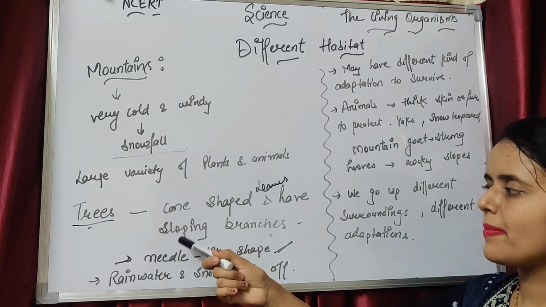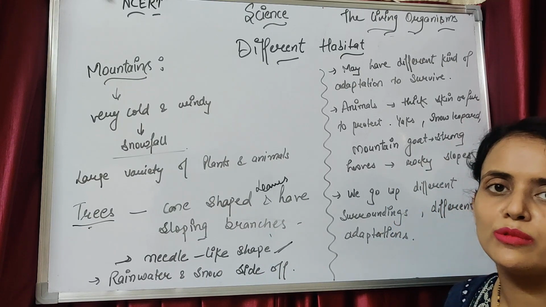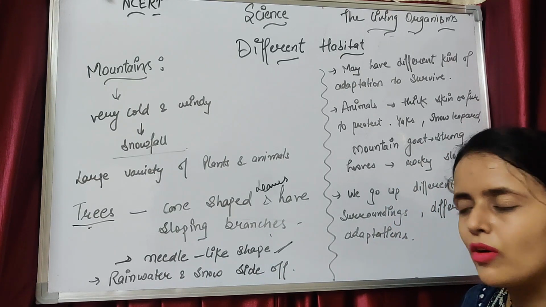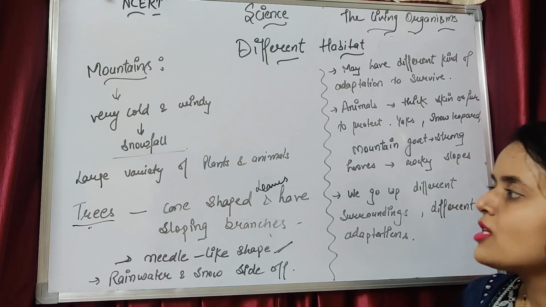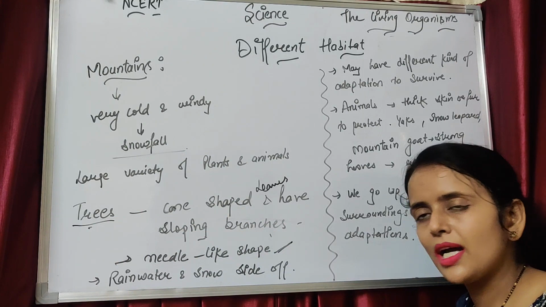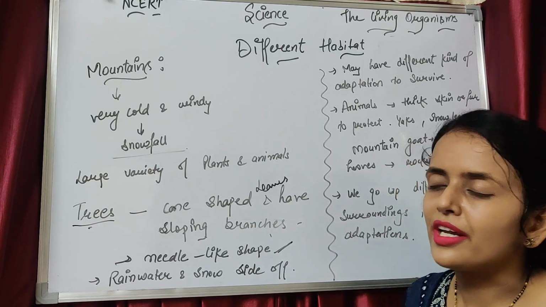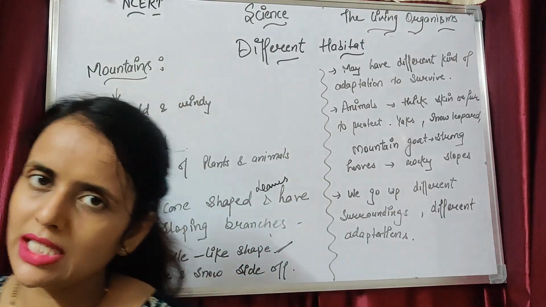So the cone shape, sloping branches and needle-like shape help in removing the rainwater and snow and protect the tree from damage. Okay. So in the mountains, trees have cone-shaped leaves and sloping branches, needle-like shape, so that rainwater and snow will slide off easily.